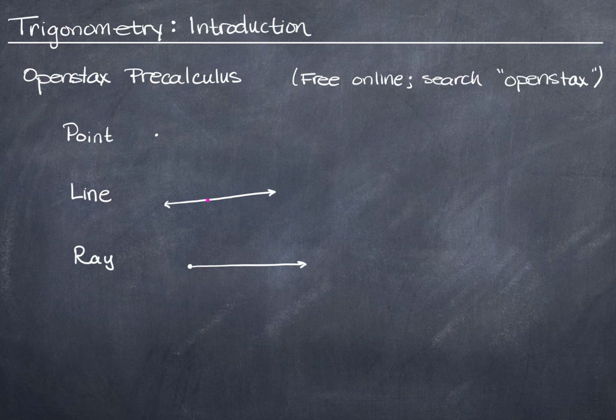Now, for the last part of this introductory video, I'm going to introduce the idea of an angle, but we're going to be talking about this in our first video of the course, which is section 5.1. But just to give you an idea, to close out this introductory video, I'm going to say that an angle is any two rays, like for example that one and that one, where those two rays share a common starting point.